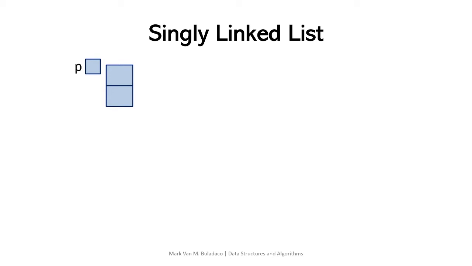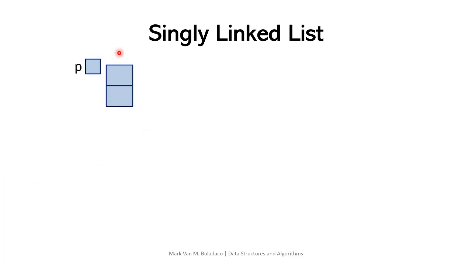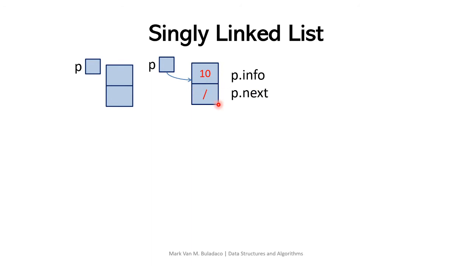So for example, we do have a P linked list here. This is basically the info and then the next. For example, if our P has one node, the node here is 10. Its info is 10, and its next is a forward slash.